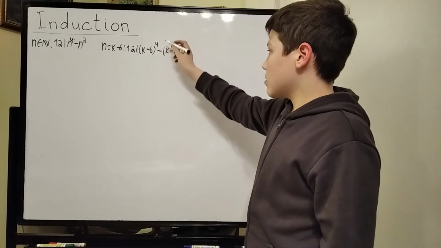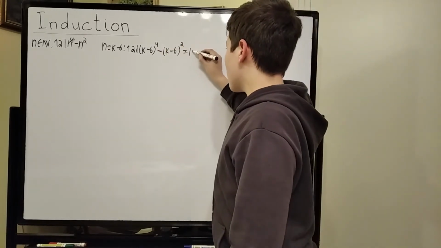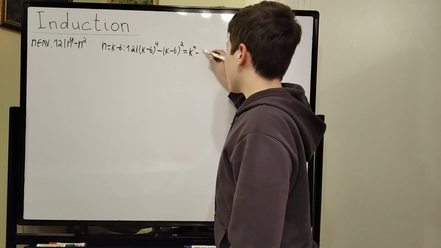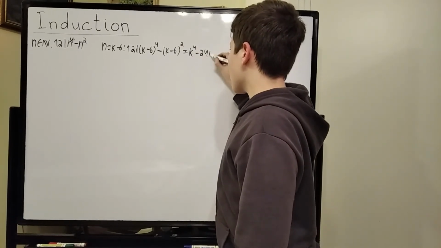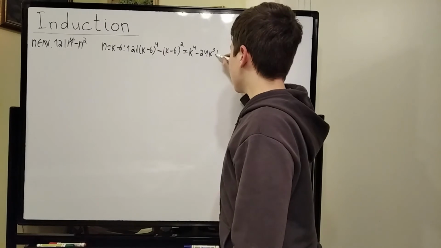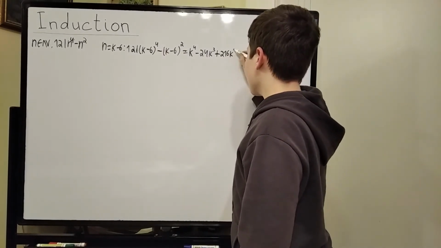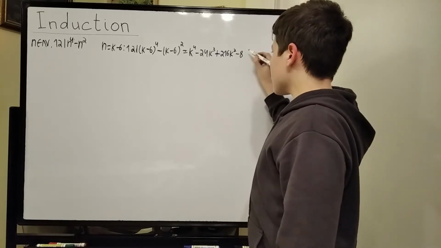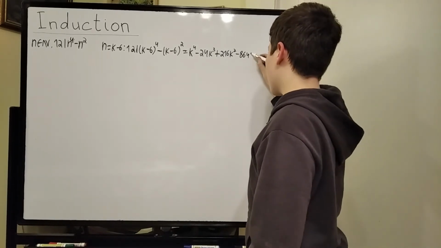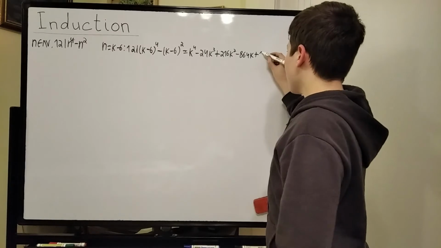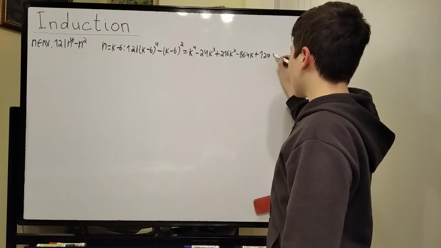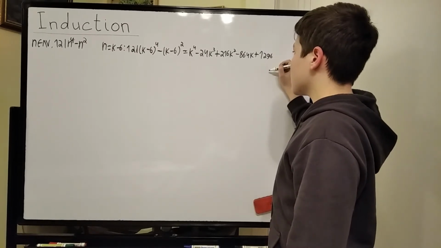K minus 6, all of that to the fourth will be k to the fourth minus 24k cubed plus 216k squared minus 864k plus 1296.